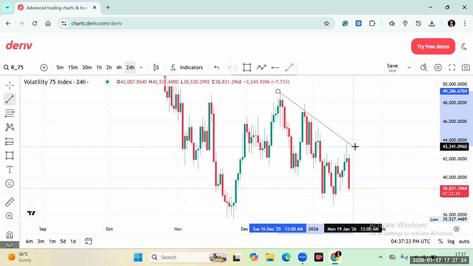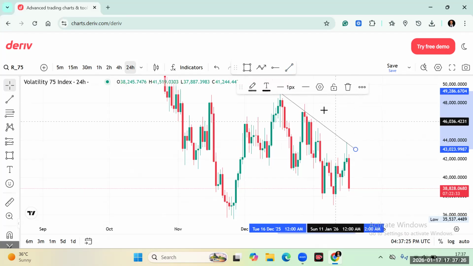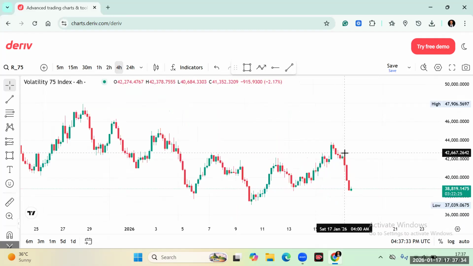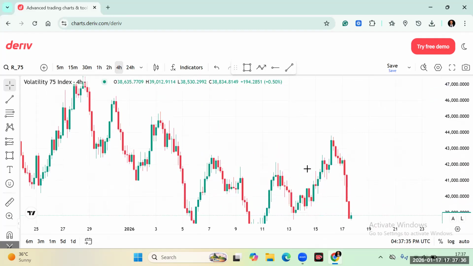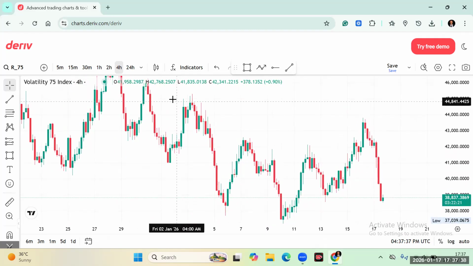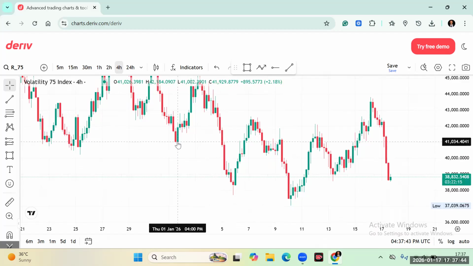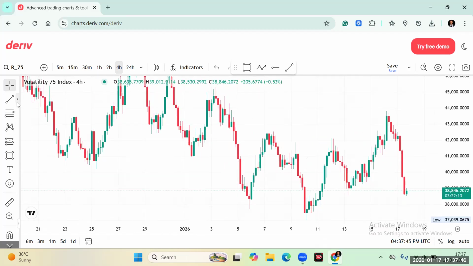It has not broken against it with the body of a candle. It's been bearish. But something happened. So let's look at it on the 4-hour time frame. When we did a repeated sweep here and broke this low, it created a new lower low. SBR.